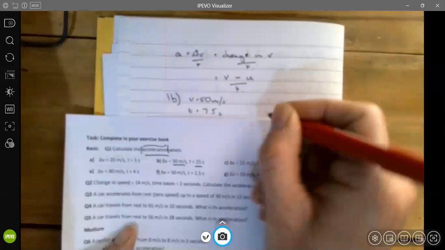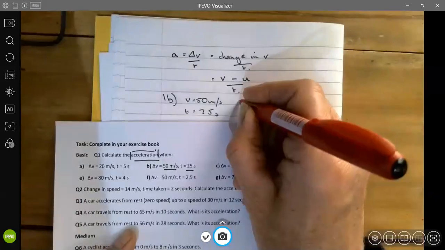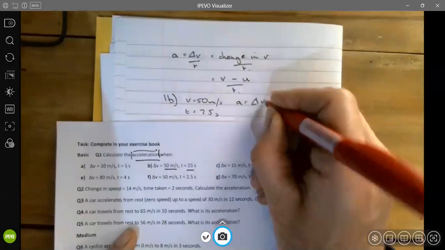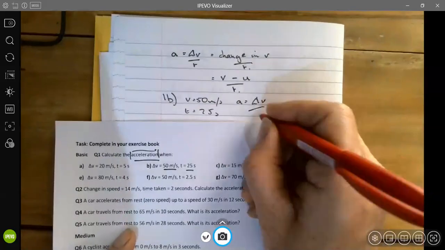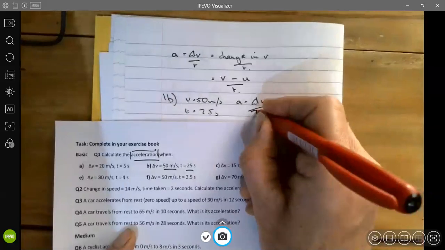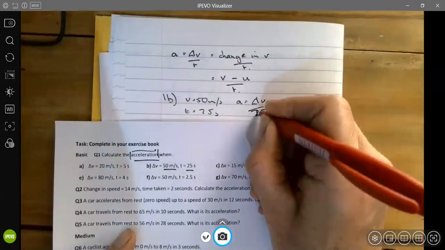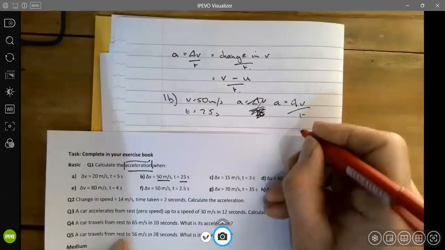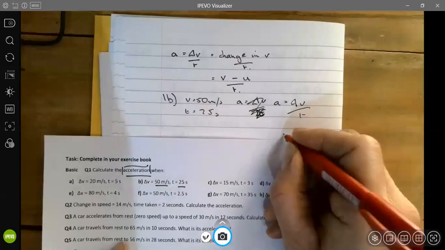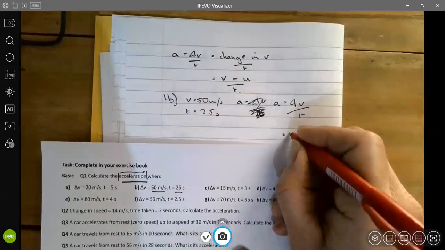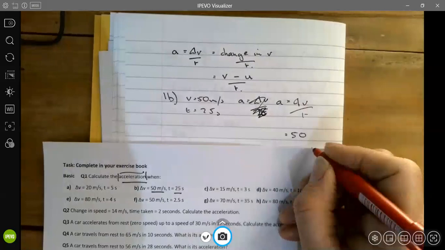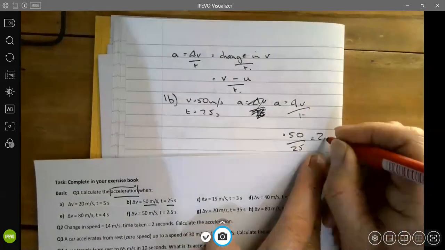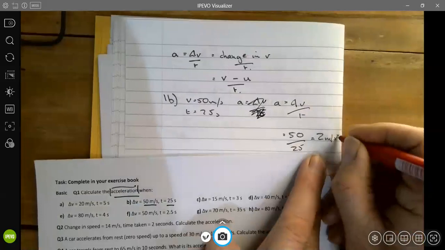So we have the formula: a is equal to change in velocity over t, which is 25. So A is equal to delta v over t. So moving on, we have change in velocity is 50 over the time, which is 25, which is equal to 2. Now it's meters per second squared here.